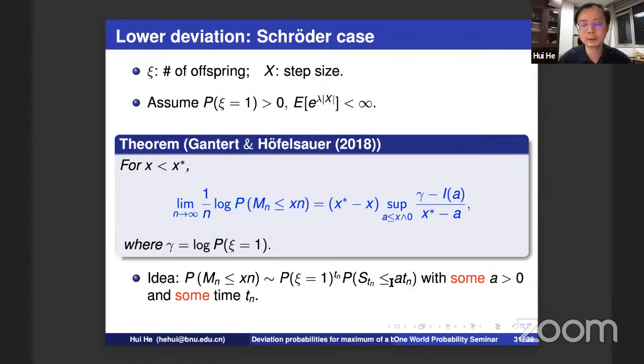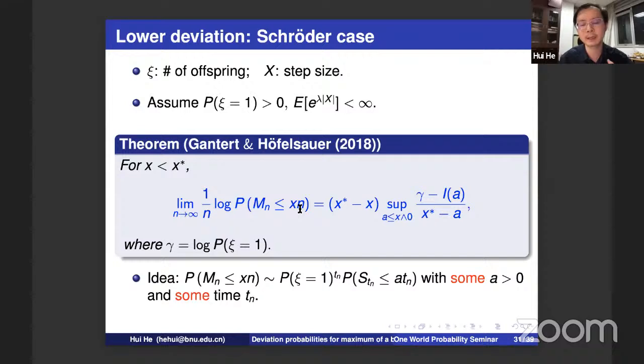After that, since there is only one individual at time T_n, this one individual can be seen as a new branching random walk. It just starts from A times T_n, and then this branching random walk evolves as Euro. But since the position is very low, it's hard for this branching random walk to achieve x_n.